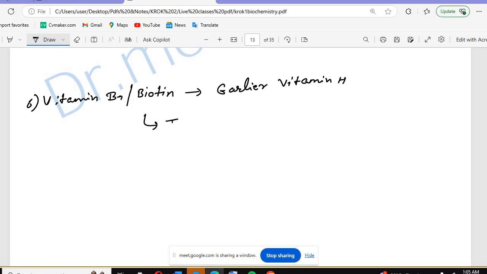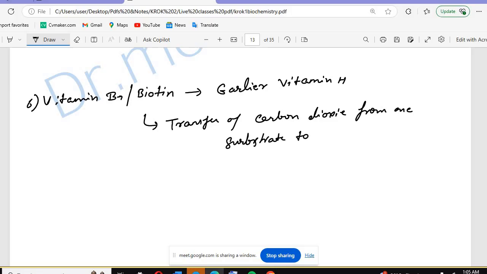What does it do? It does the transfer of carbon dioxide from one substrate to another substrate.